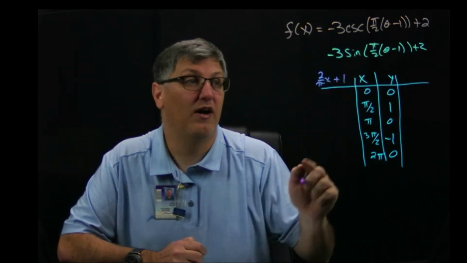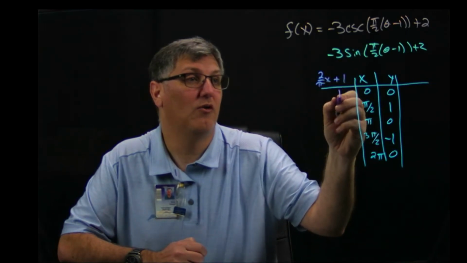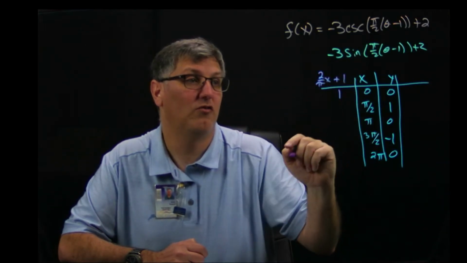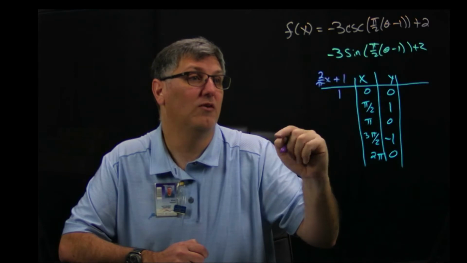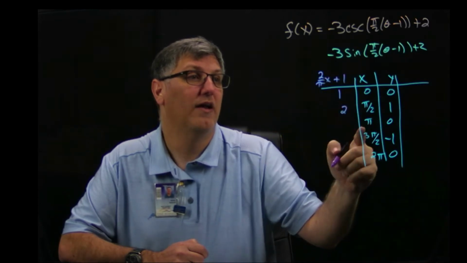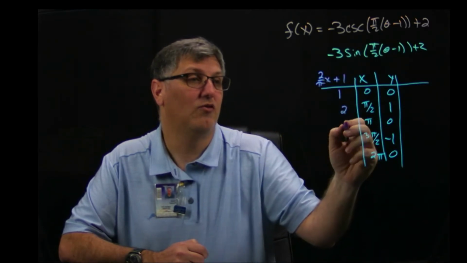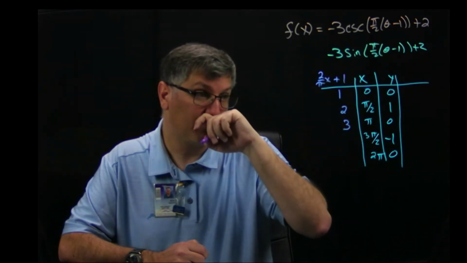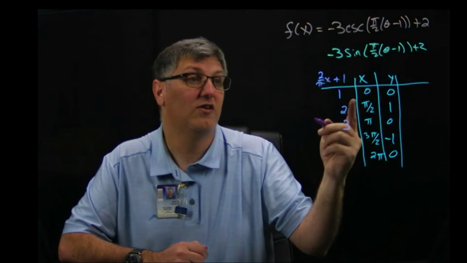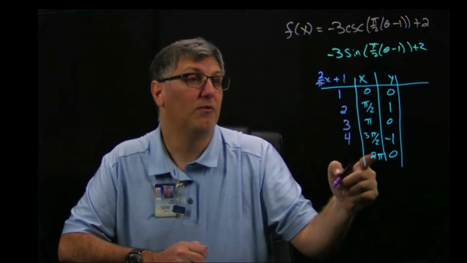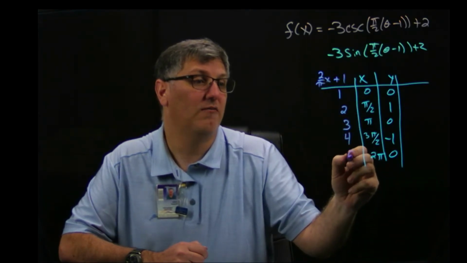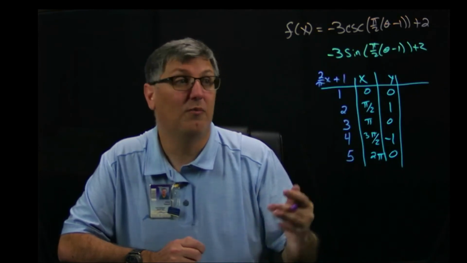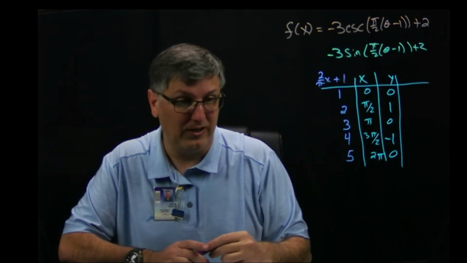If I put 0 in here, I get 1, because 0 times this plus 1 is just 1. If I put pi over 2 in, I get 2. Pi gives me 3. 3 pi over 2 gives me 4. And 2 pi gives me 5. I was nice to myself and set this up so it's nice and pretty.